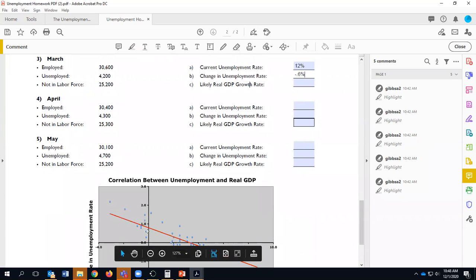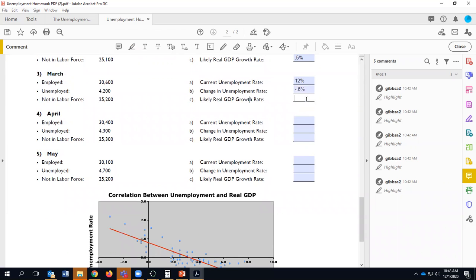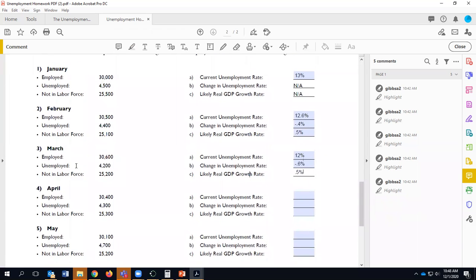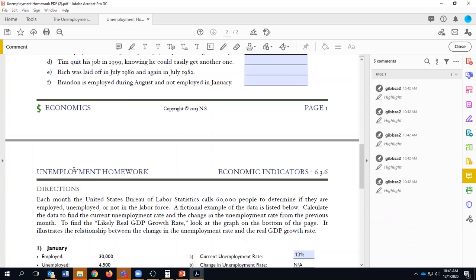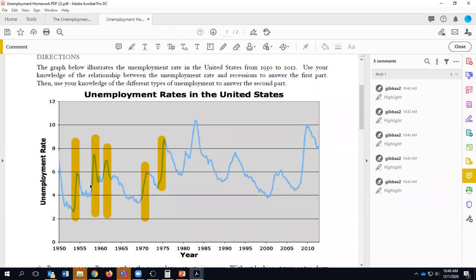So 0.6. We are at about 0.5%. So keep going down on April and May. Questions for those two papers? I think you guys got it.